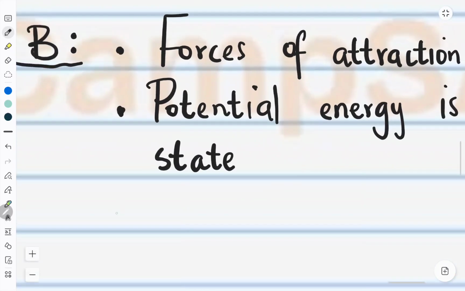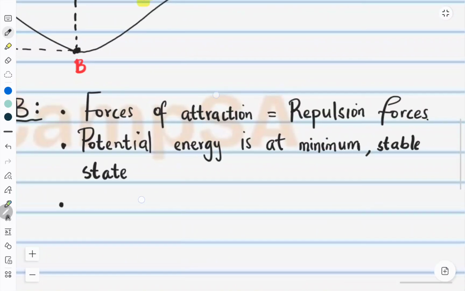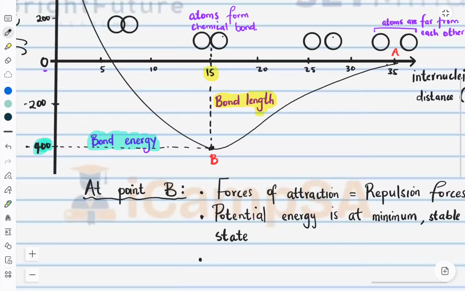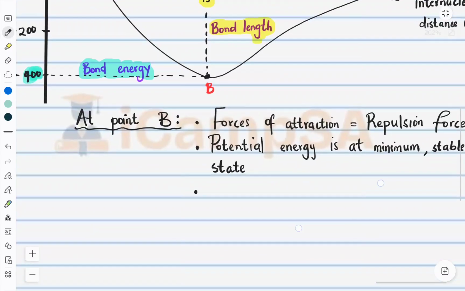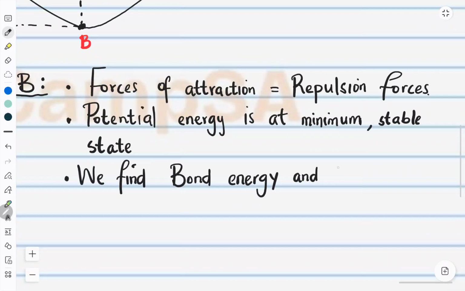That's point B. Now, another thing about point B, remember point B is a very important point in this graph. At point B, we find the bond length and the bond energy. We will define these terms officially in just a minute.